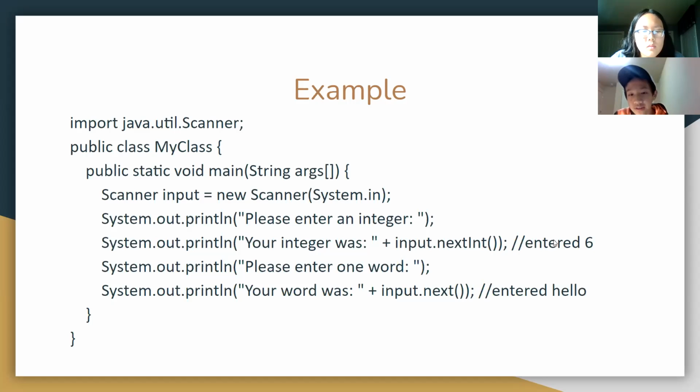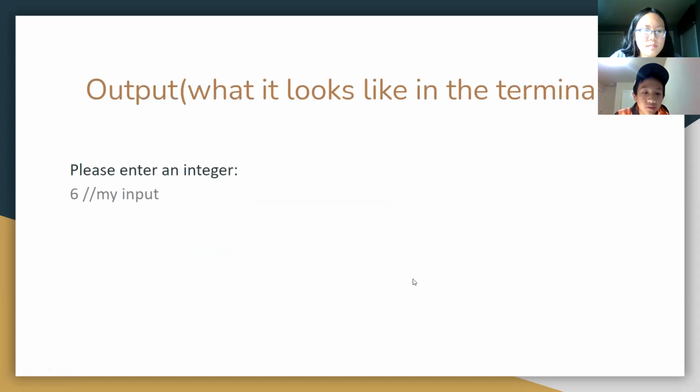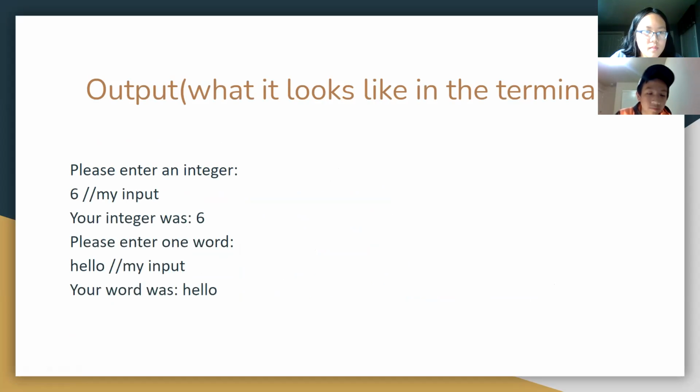Let's just pretend we entered 6. Here we say "please enter 1 word". Your word was input.next. Let's just pretend we entered hello. The output for this should look like this. And 6 is what you entered, so it could be a different number. And hello is also what we entered, so it could be a different word.